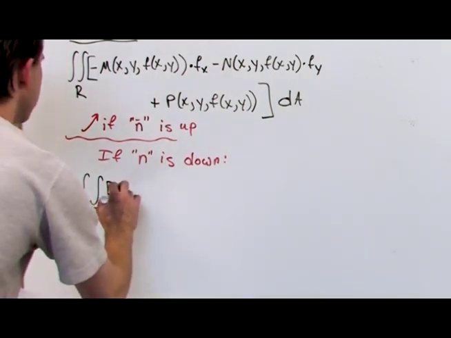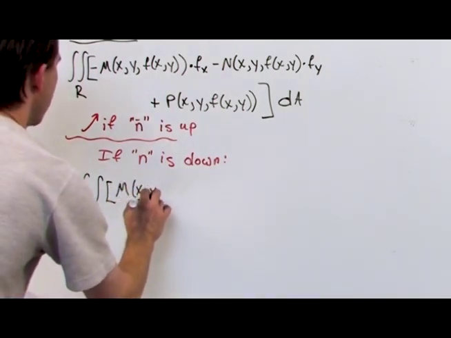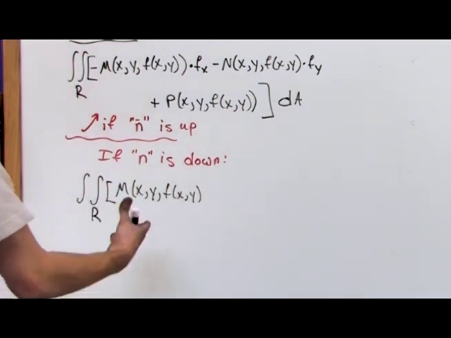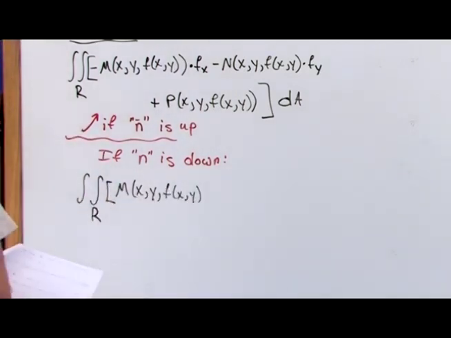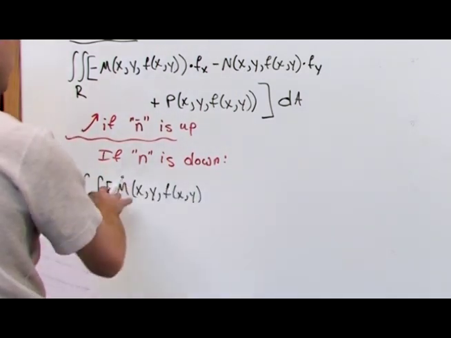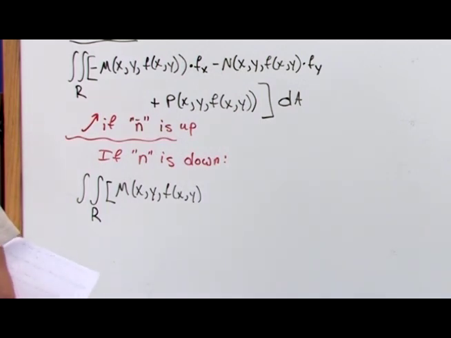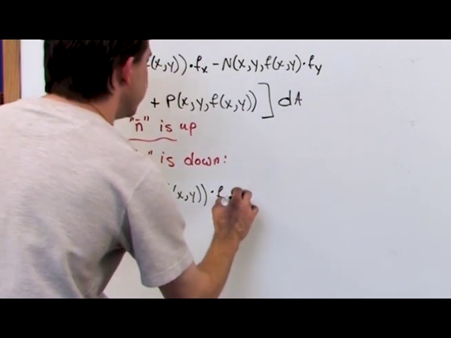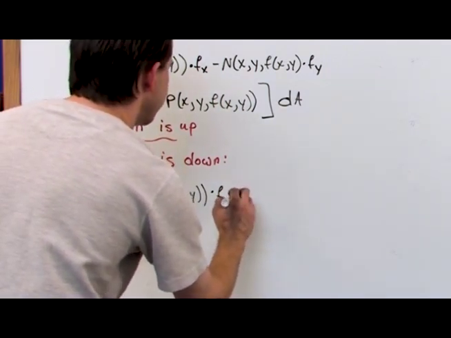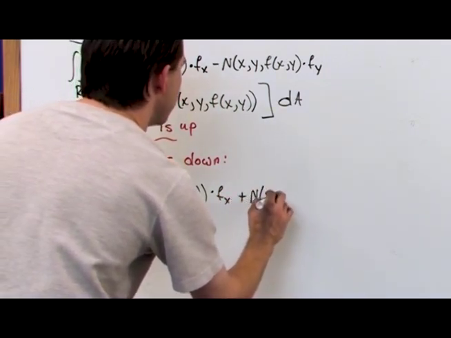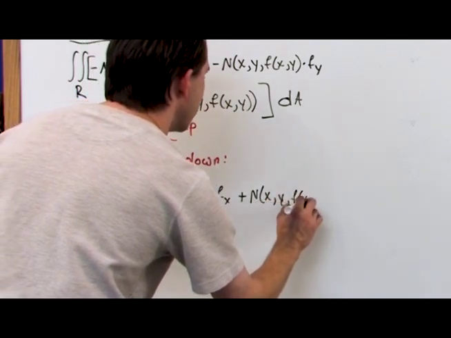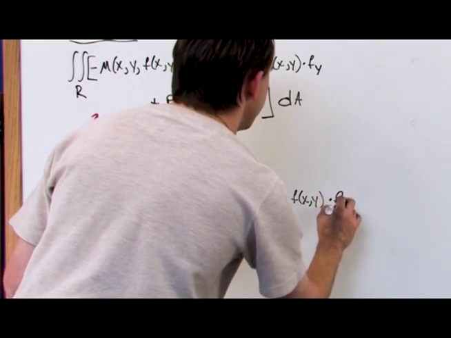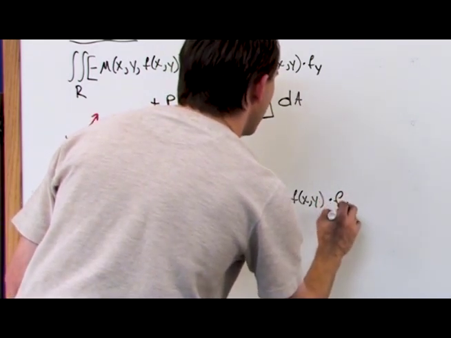So you're going to have m of x comma y comma f of x and y. When we plug this in, we're plugging the z value in, as our surface tells us where to evaluate. Okay, times f sub x, and then over here plus n of x comma y comma f of x comma y times the partial derivative with respect to y.